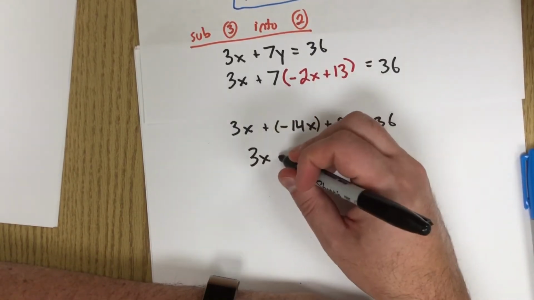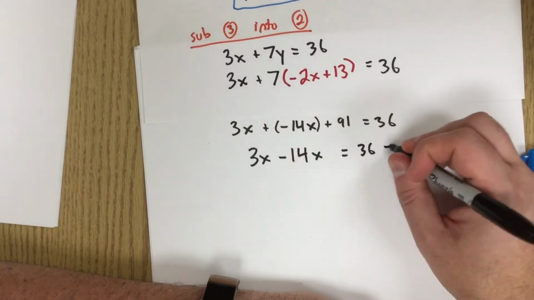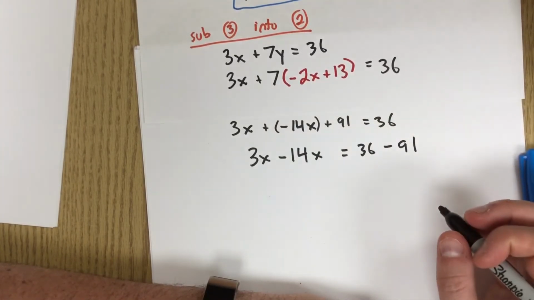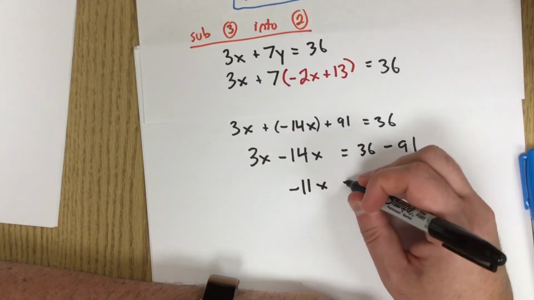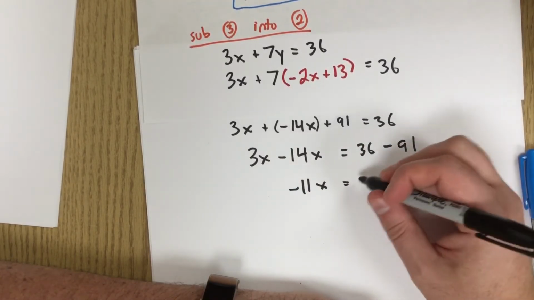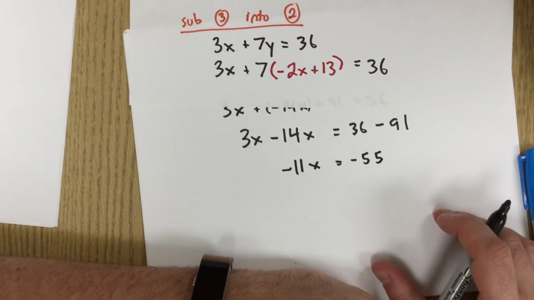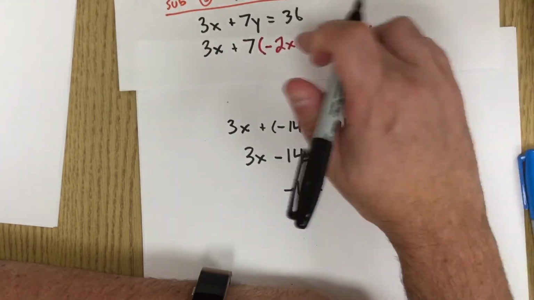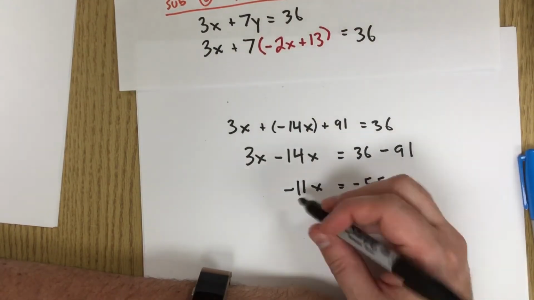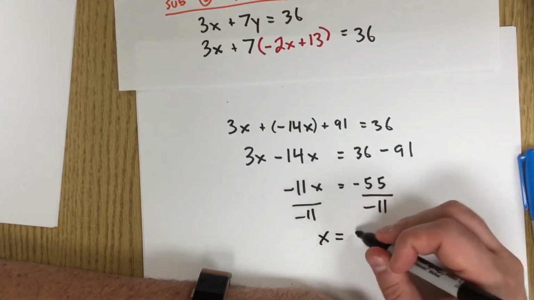So 3x minus 14x equals 36 minus 91. Minus 11x equals negative 55. And we're just doing math here, right? That was the clever step. Divide both sides by minus 11, and we get x equals 5.